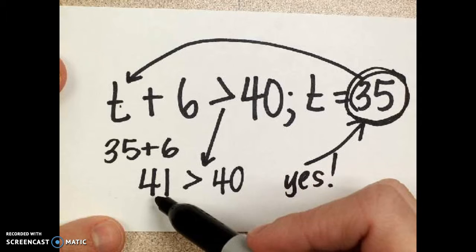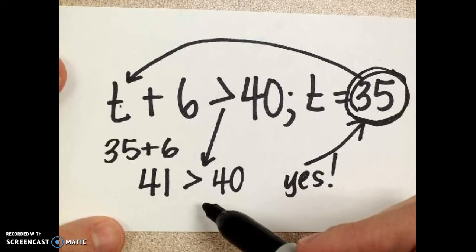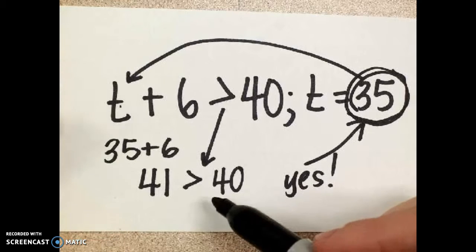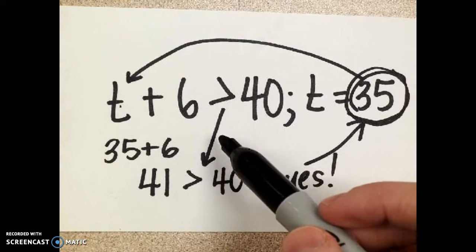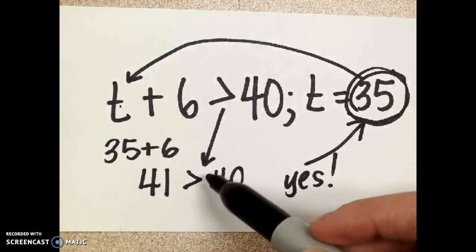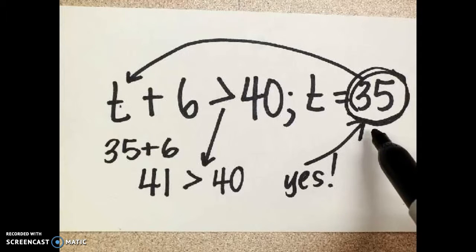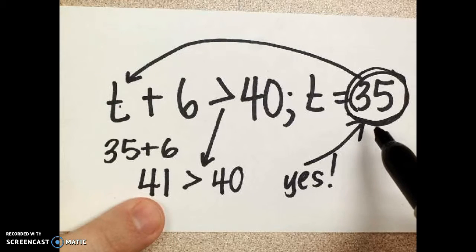Would 42 also be greater than 40? You betcha. Okay, so the cool thing about these inequalities is that there are multiple solutions. There's actually an infinite number of solutions here that we could have. But in this case, they're asking us if 35 could be a possible solution. And when we solve it, yes, it is greater.